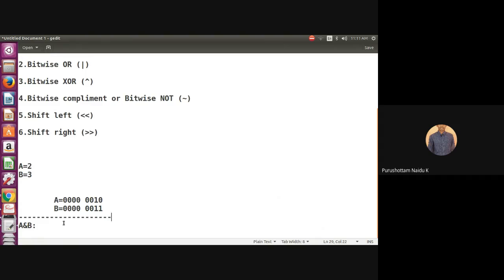So 0 0 is 0, again 0 0 is 0, and 1 1 is 1, 0 1 is 0. That gives 0 0 0 0 0 0 1 0, which is equivalent to the integer 2. So A and B gives the output 2.